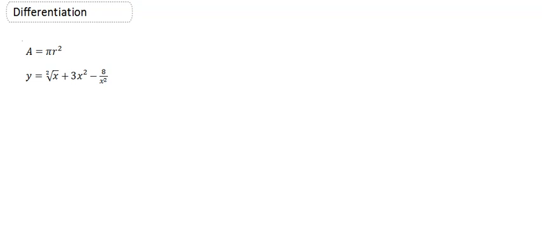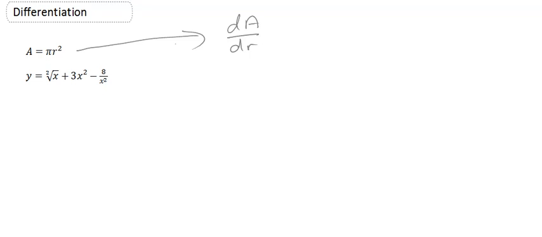So I've got A in terms of r, and I've got the area of a circle. A equals pi r squared, and I'm going to differentiate the area of the circle by the radius, or with respect to the radius.